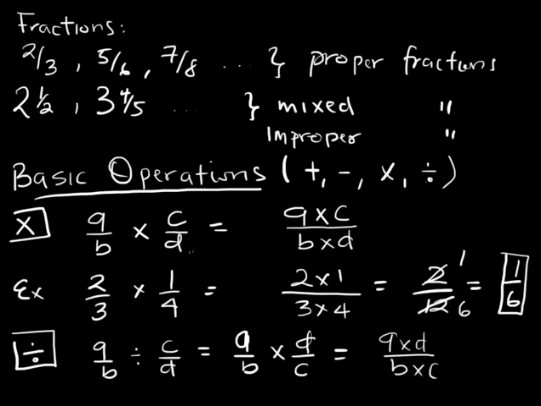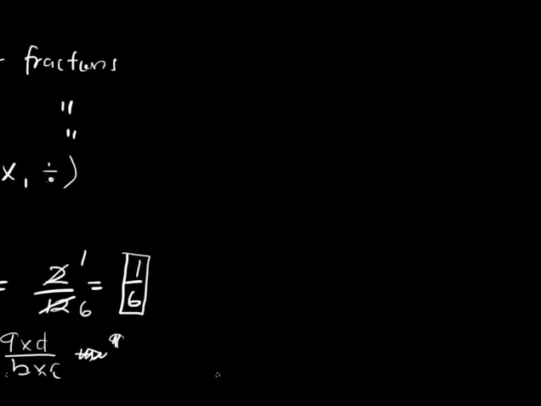Another way you can see this written out is for them to say A over B divided by C over D. Okay, let me switch the screen so I can write that out properly.